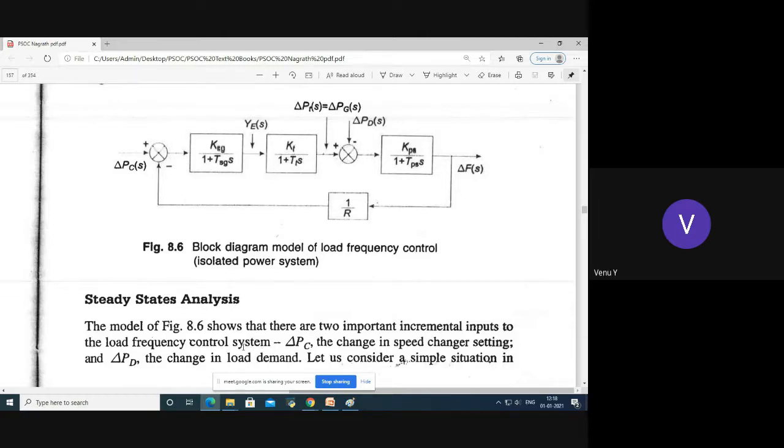Now let us understand that you need to get the steady state model of this control system block diagram. So this is the control system block diagram, which is mentioned in Laplace domain. So all these are the transfer function models of the practical generating station.